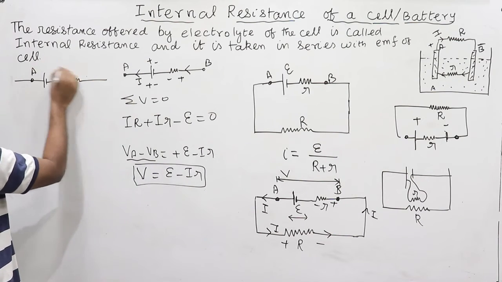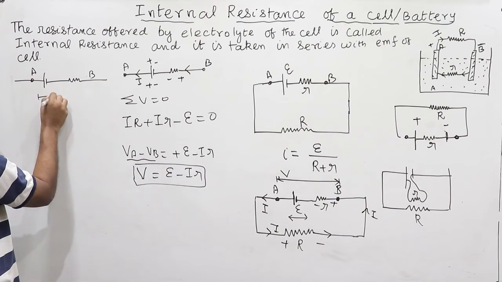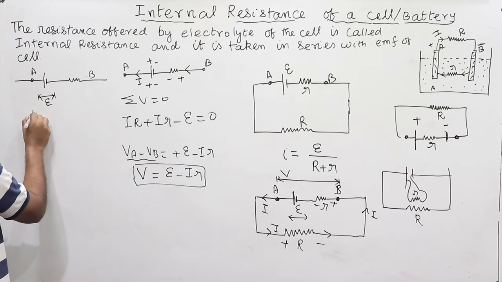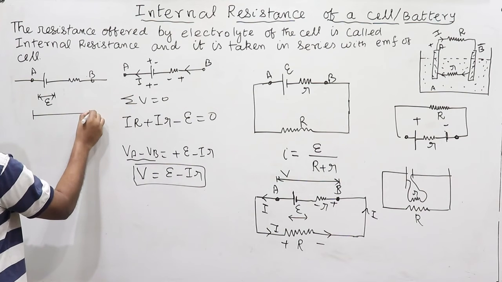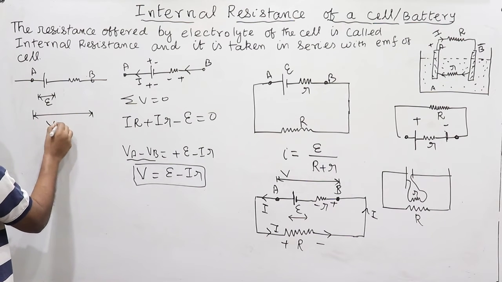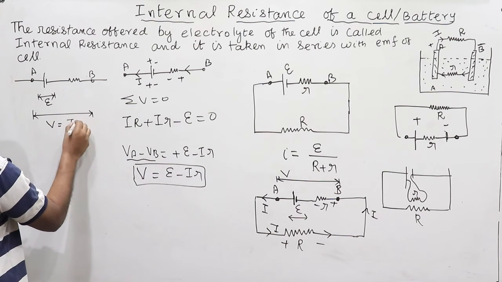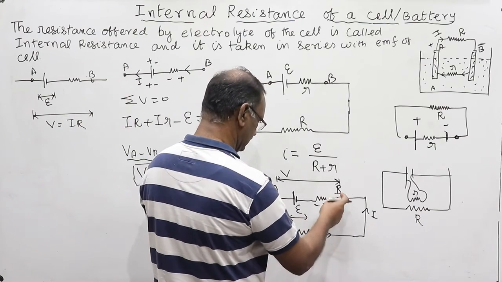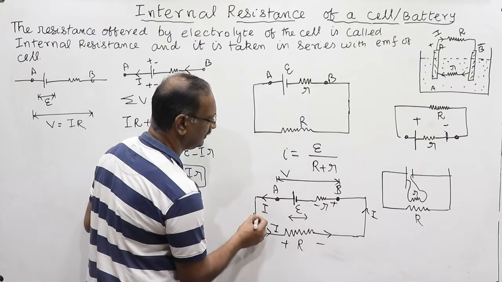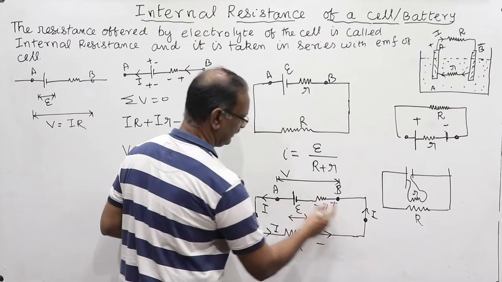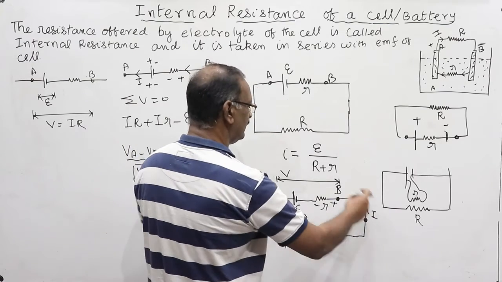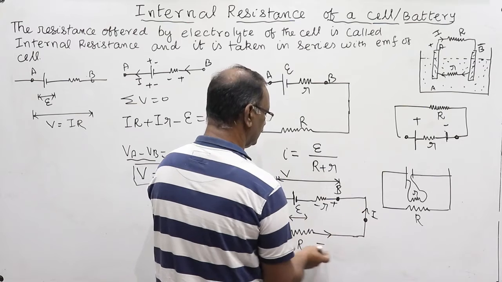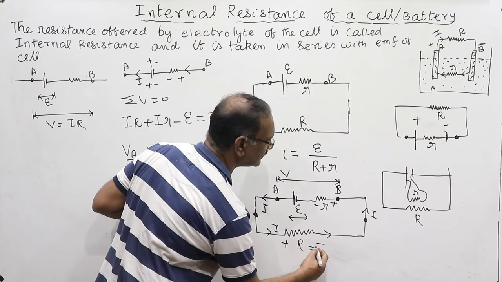This is A, this is B, this is the EMF of the battery, and this is the terminal potential difference, which is represented by I into R, because the voltage in this segment equals the voltage in this segment.